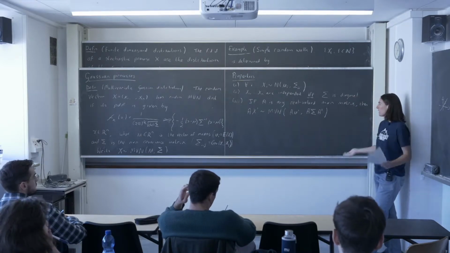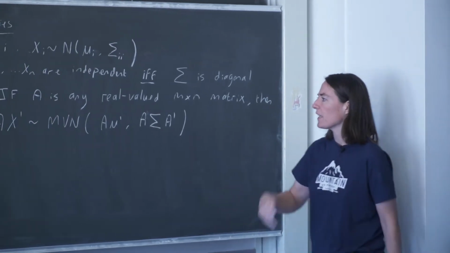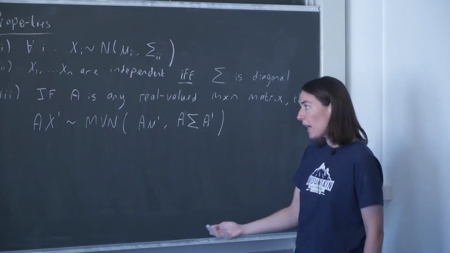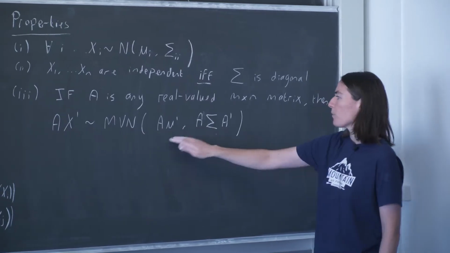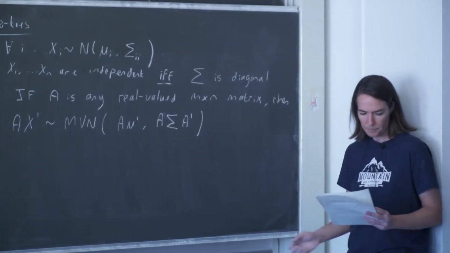If I take any multivariate normal random vector and take any linear transformation of that, I still have a multivariate normal, but with new parameters.